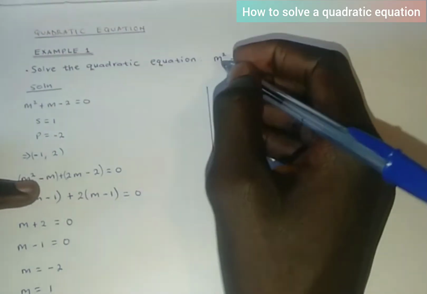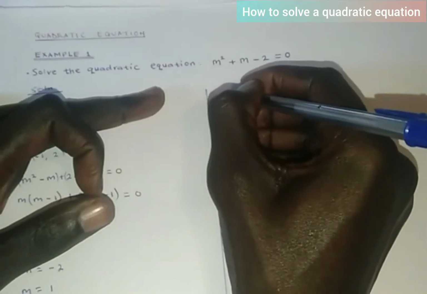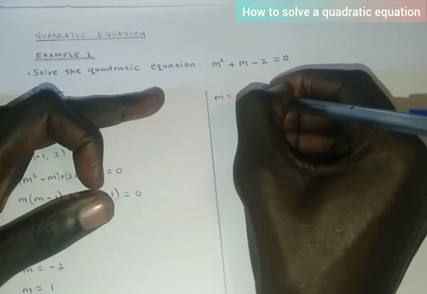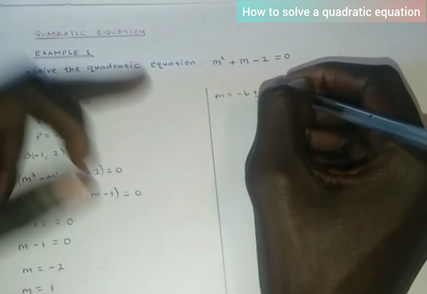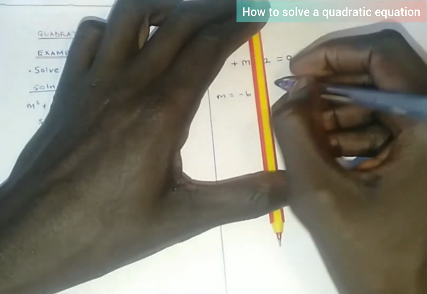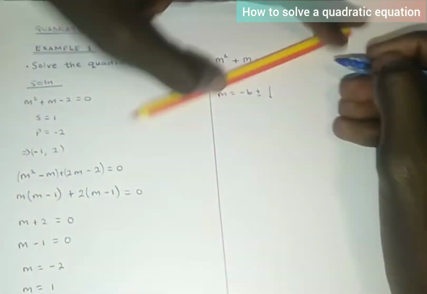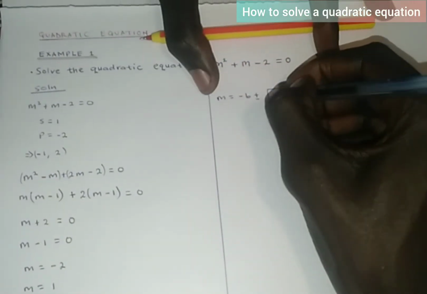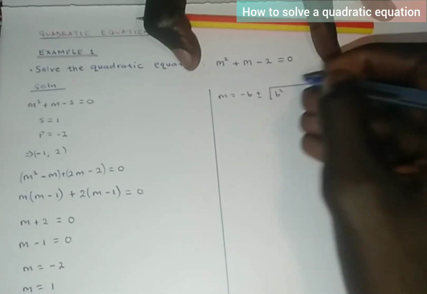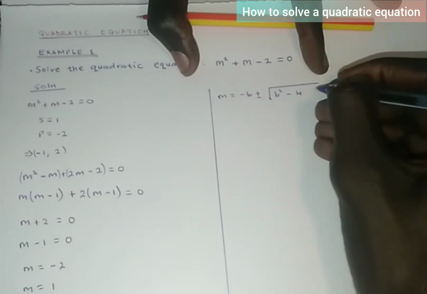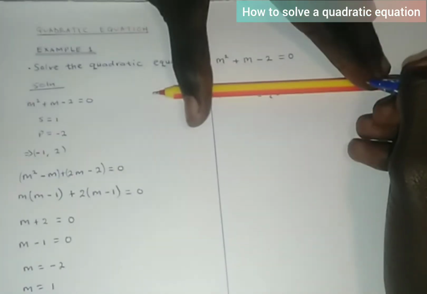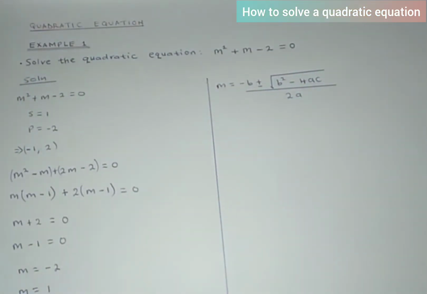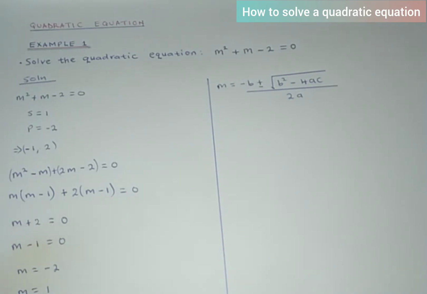The formula goes like this: negative b plus or minus the square root of b squared minus 4ac, divided by 2a. That is the quadratic formula.